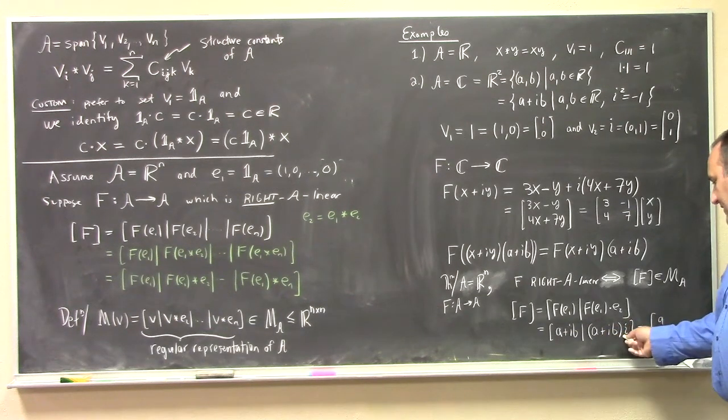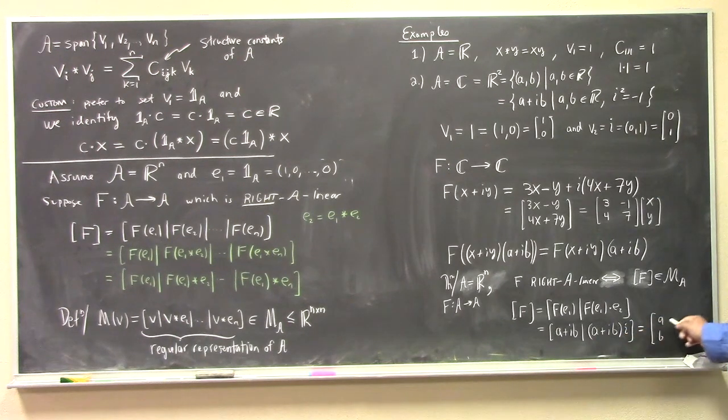A plus ib times i is ai minus b. Minus b goes up here because it's the first entry, and a goes down here. So this is what the regular representation of the complex numbers looks like. It's 2 by 2 matrices of this form. Geometrically, they're rotation dilations.